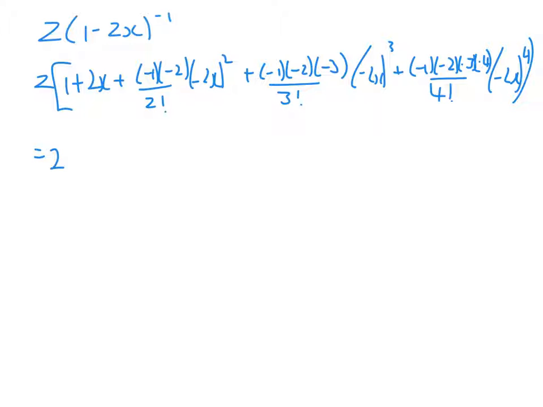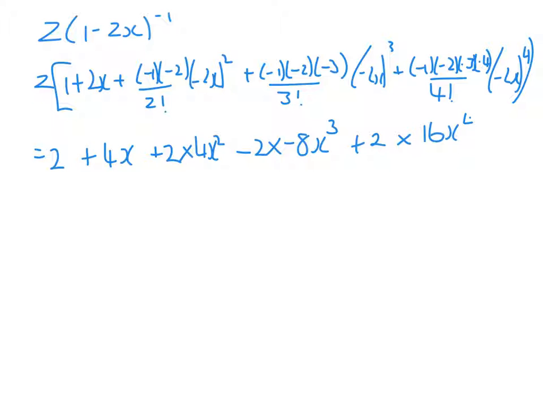So that's going to give us 2 plus 4x plus 2 times 4x squared minus 2 times minus 8x cubed plus 2 times 16x to the 4.